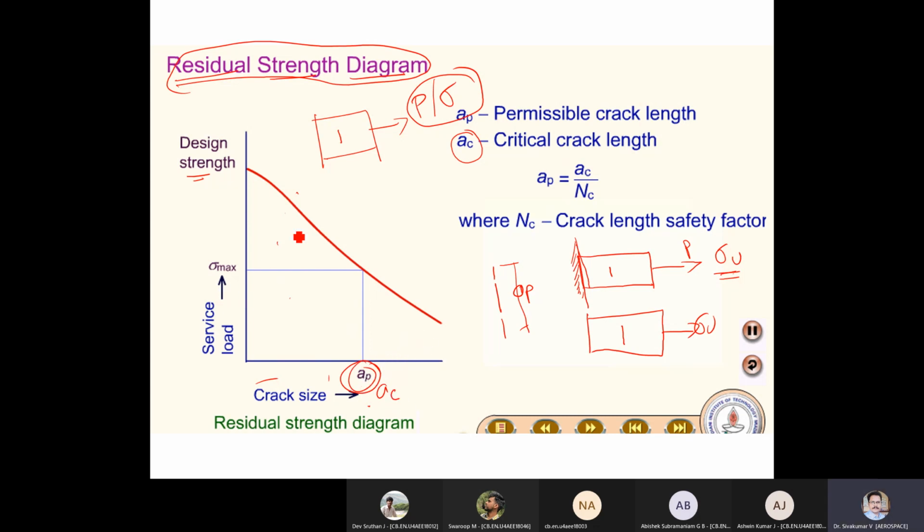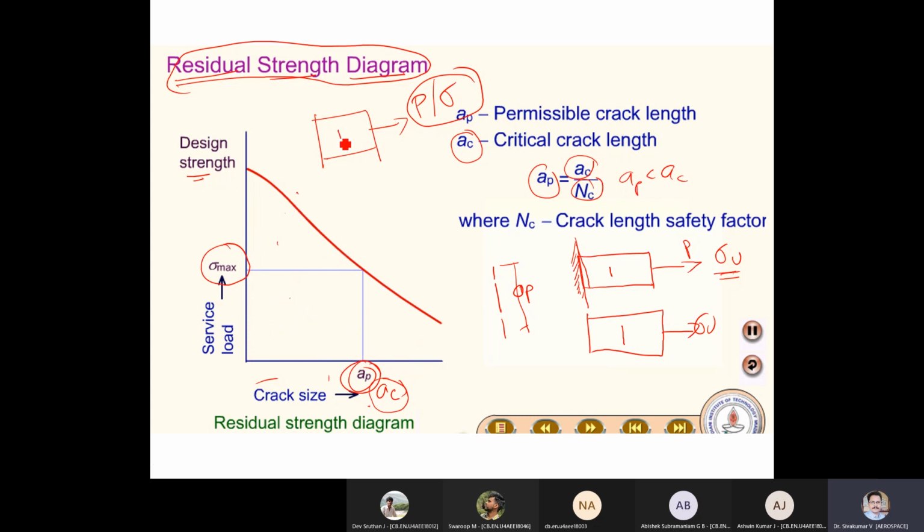I know my specimen, I know my stress. If I apply this stress, this is the ultimate crack length which will fail. So to know how much crack I can allow, I have to divide that crack length by some factor of safety. Definitely AP will be less than AC. That is my limiting length.